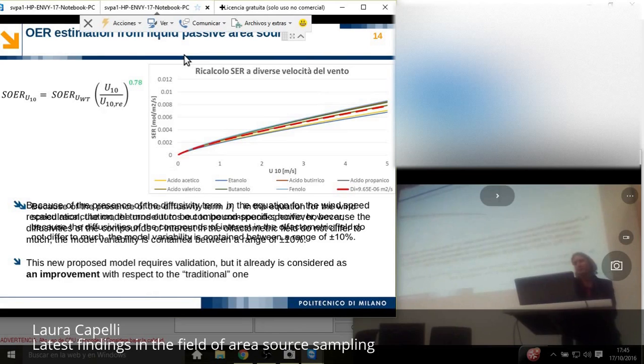However, if you consider the compounds that are typically of interest for olfactometry, they usually do not have such different diffusivities, and it turns out that the variability of this model is contained within a range of plus minus 10%, which is not dramatic.